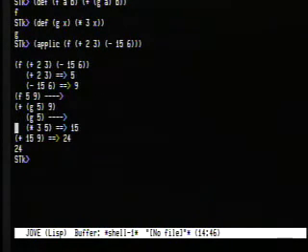So I get times 3, 5, and that's 15. So g of 5 is 15. And now I come back to this expression here, plus g of 5, 9. I plug in 15 for g of 5. I get plus 15, 9, and that's 24. Okay? So that's how we do it in applicative order.